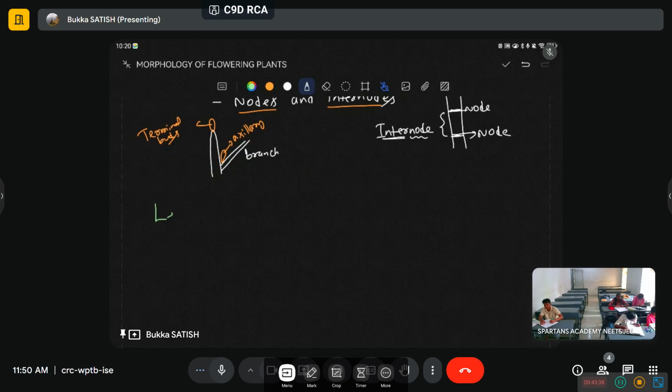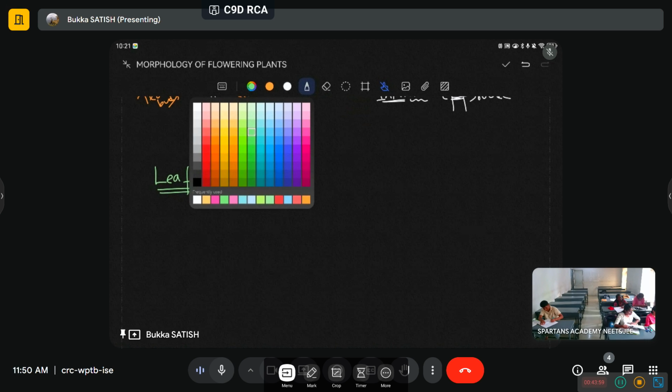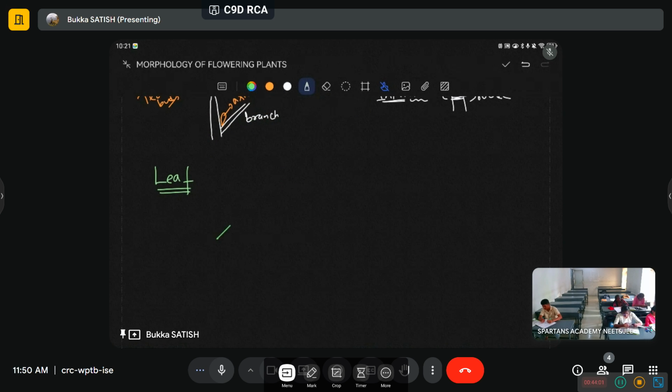Next one, leaf. Right. Now you know the structure.